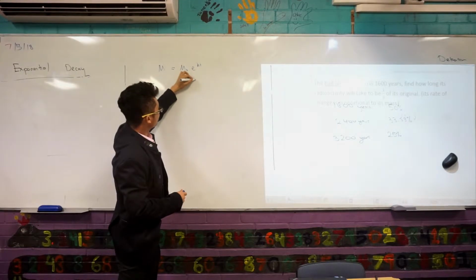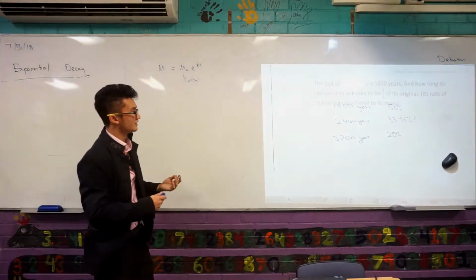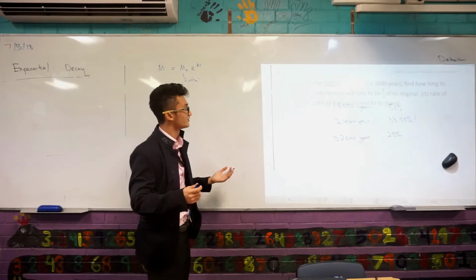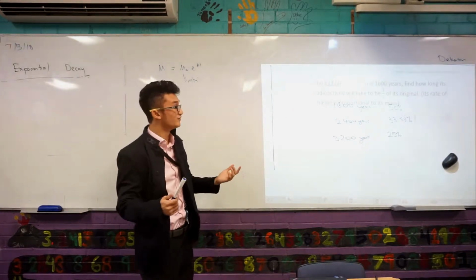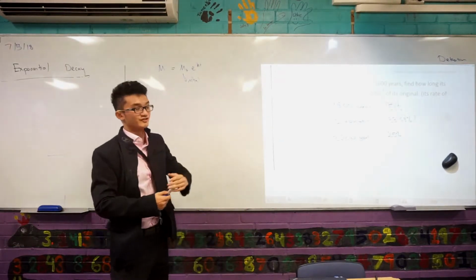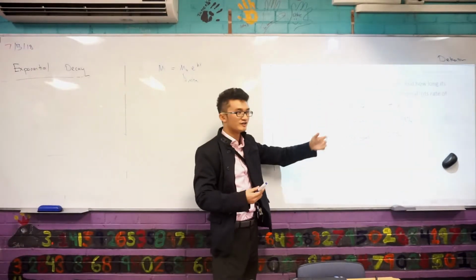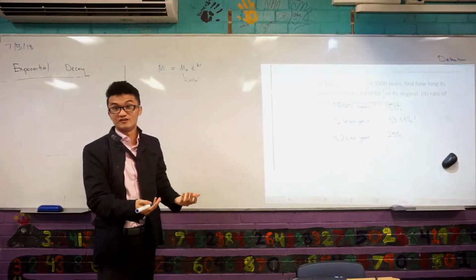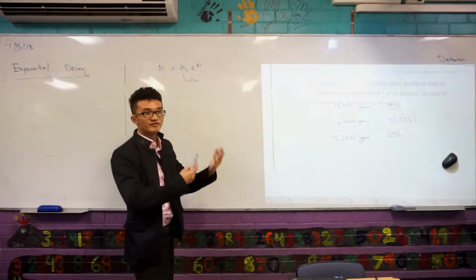Okay. I guess the hardest part in this question is that I'm not really given any initial mass. So I have to think about what info I'm given. Right? I know, though, that its half-life is 1600 years. And obviously half-life, that's how long it takes to get to half of its mass. How can I use that information?